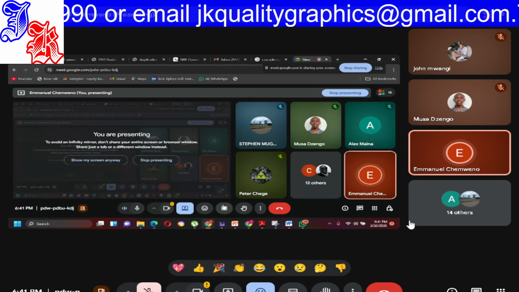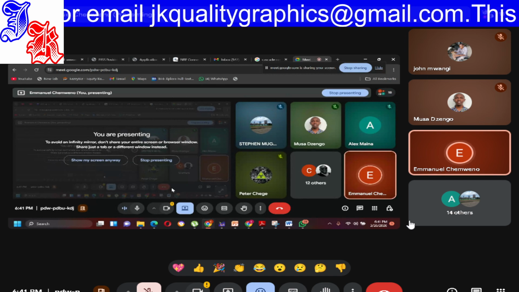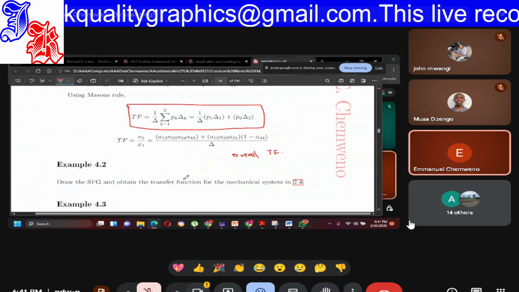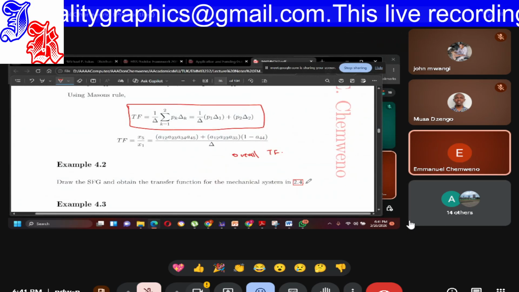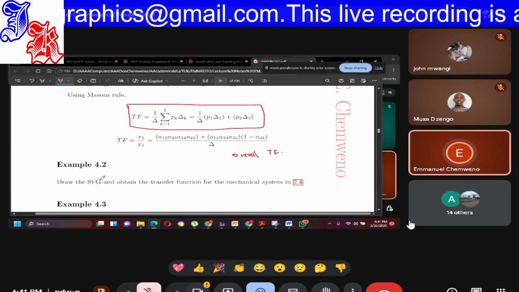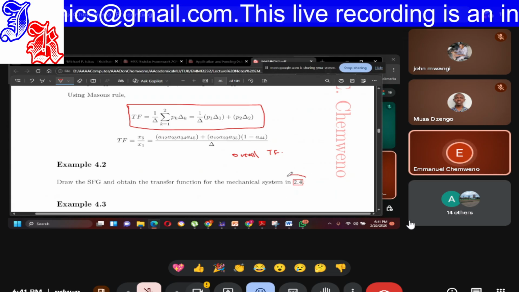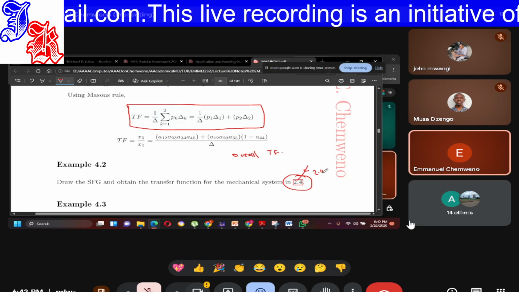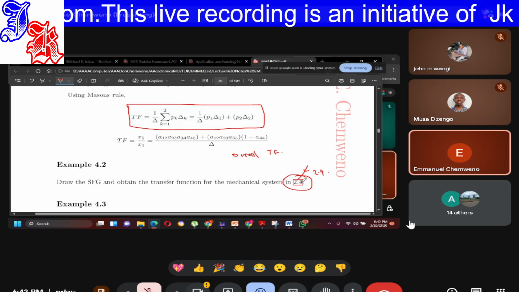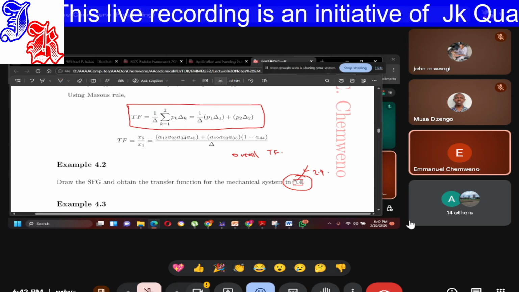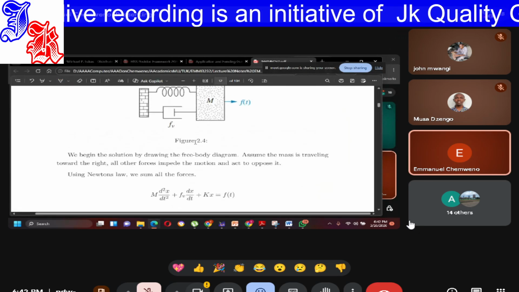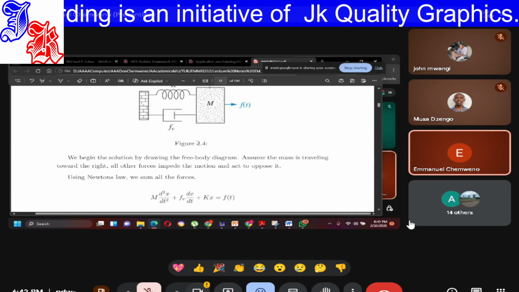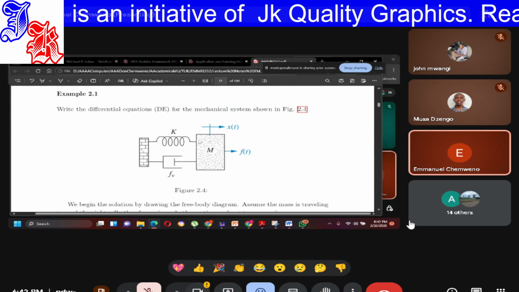Now, I want to do 3 or 4 more examples. A second example: draw the signal flow diagram for the system in figure 2.4. This was figure 2.4.